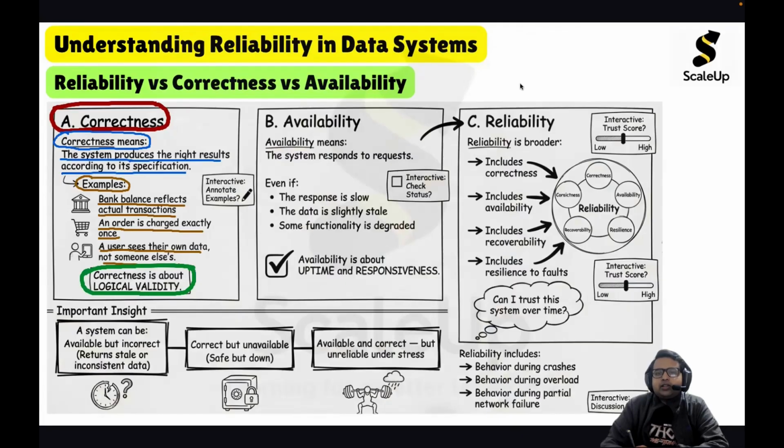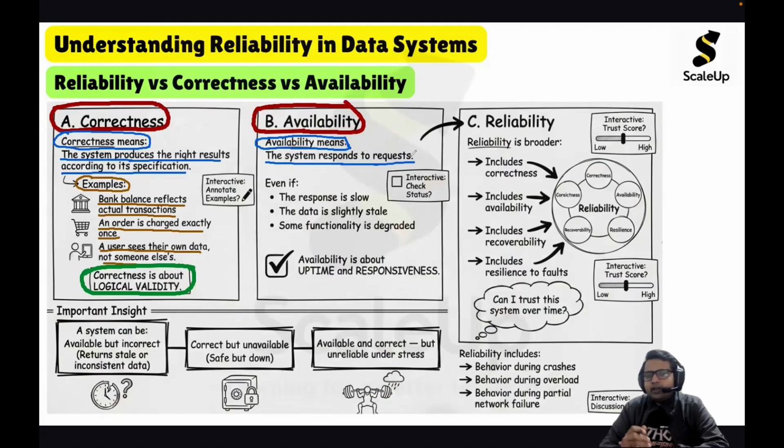Now let us discuss availability. Availability means the system responds to requests. This is very important. The system should always respond to the request. If the system responds to the request, we say that the system is available. If the system is not responding to the request, then we say that the system is unavailable.